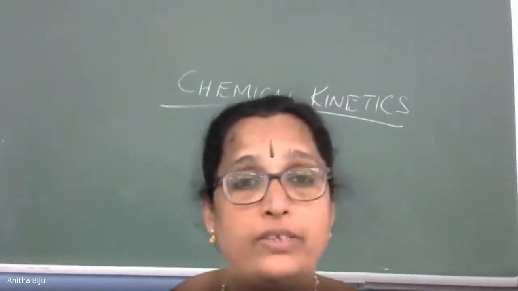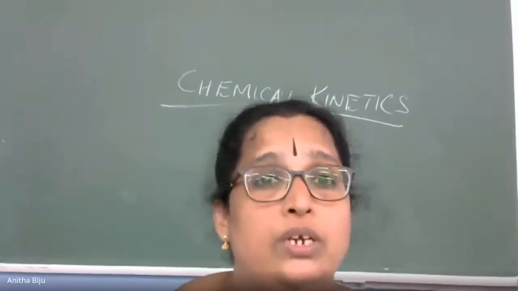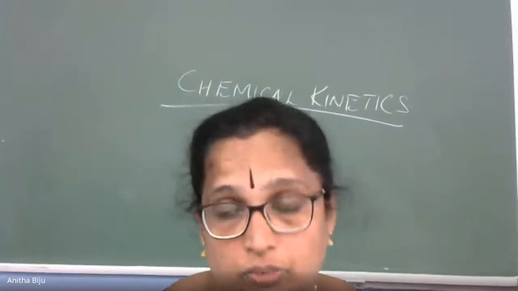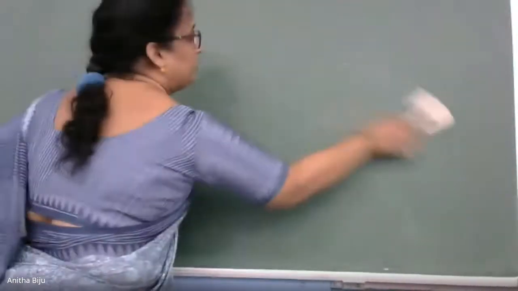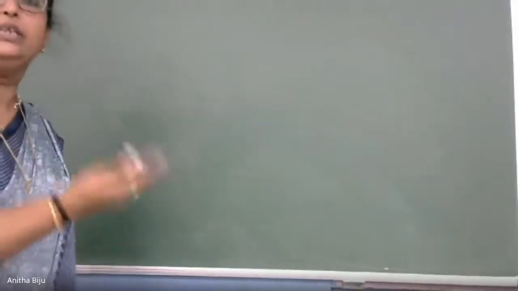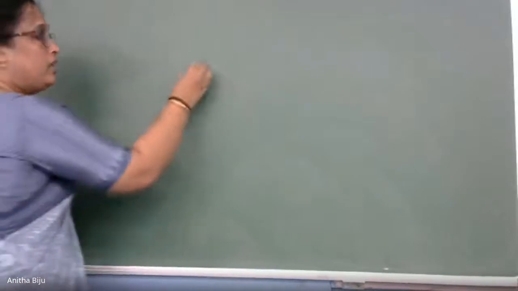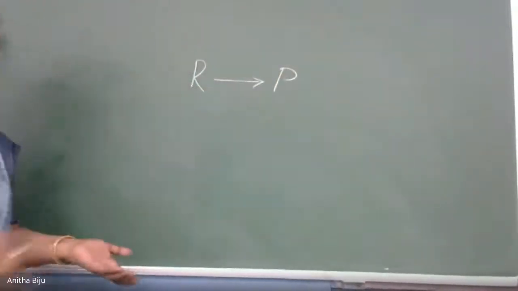So I will first write, wait 1 minute. I will first write a general equation, because in all these cases we will take only general reactions. The general concept, the hypothetical representation of a chemical reaction, is R gives P. This is a hypothetical reaction.